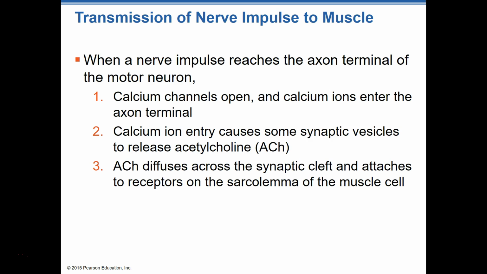The presence of calcium in that neuron is going to trigger the release of acetylcholine, that neurotransmitter I just talked about. That acetylcholine is going to go across that little gap between the nerve and the muscle and make contact with the membrane on the other side, and that muscle membrane is going to react to the presence of acetylcholine.